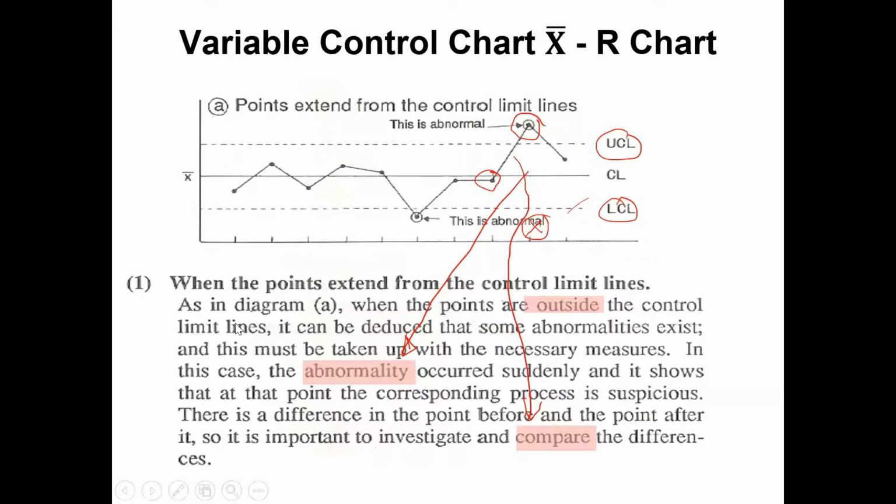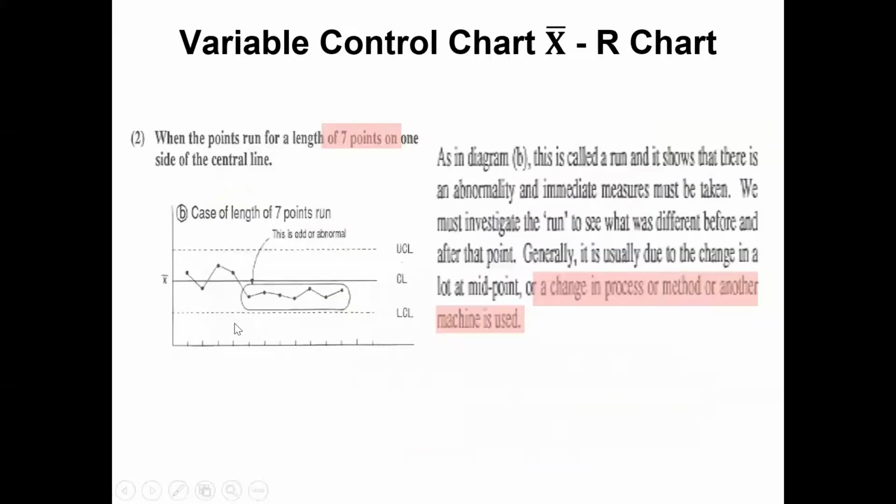Let's go to rule number 2 of Shewhart. Rule number 2 of Shewhart is with the name of run. If you're able to identify a trend with the name of run, then there's an indication that there's a potential problem in the process. What does run mean?